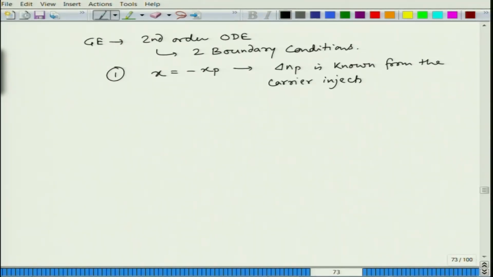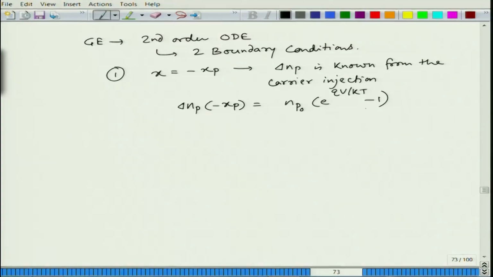We have a quantified value of delta N P at the space charge region edge. Okay. And what is that value? Delta N P at minus xp is equal to N P naught times exponential of qV over kT minus 1.